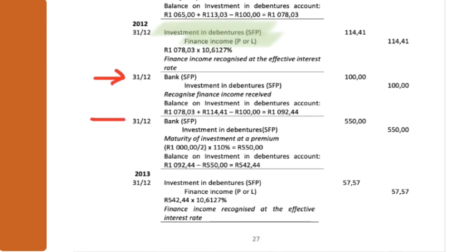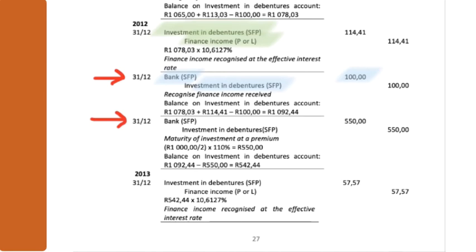Now, in this case, 2 payments take place on 31 December 2012. The first payment that takes place is the interest. There's a debit bank, a cash flow happened. How much interest did we receive in cash? Nominal value times nominal rate, 100 Rand, and we credit the investment in the debenture.